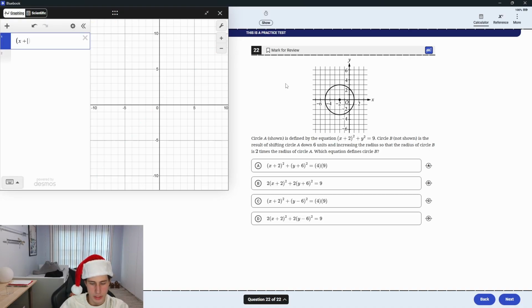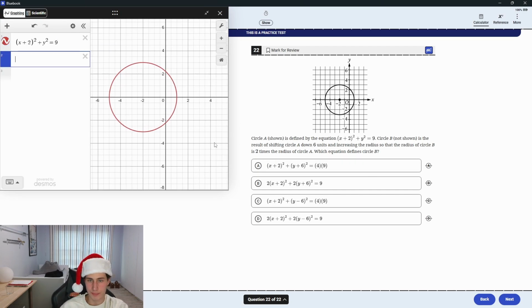It's (x + 2)² + y² = 9, and that's our equation. So now let's see which one satisfies the equation. So we have to shift it down 6 units and increase its radius.